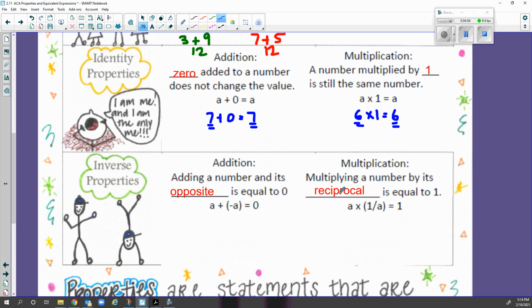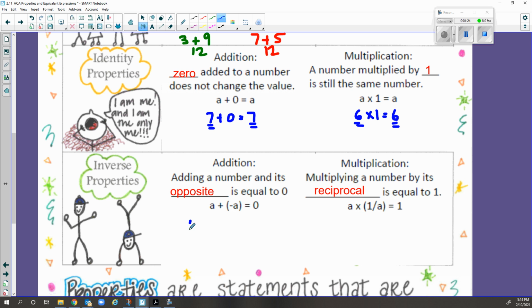Okay, the last property I want to talk to you about today is the addition and multiplication inverse properties. The inverse property for addition talks about adding a number and its opposite will give us 0. So watch this. A plus negative a, they'll undo each other and we'll be left with nothing.